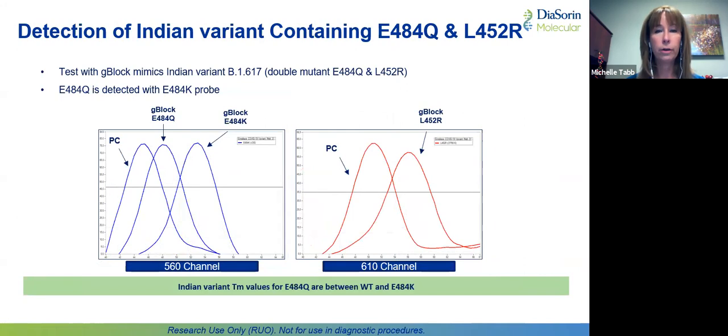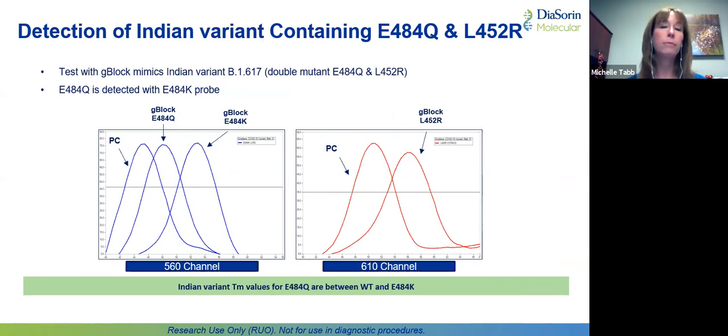So moving on through some other clinical samples here. In this case, actually, we did not have an Indian variant, but we have a G block synthetic piece of DNA here in which we've engineered a double mutant representative of the Indian variant. So this one contains E484Q and L452R.